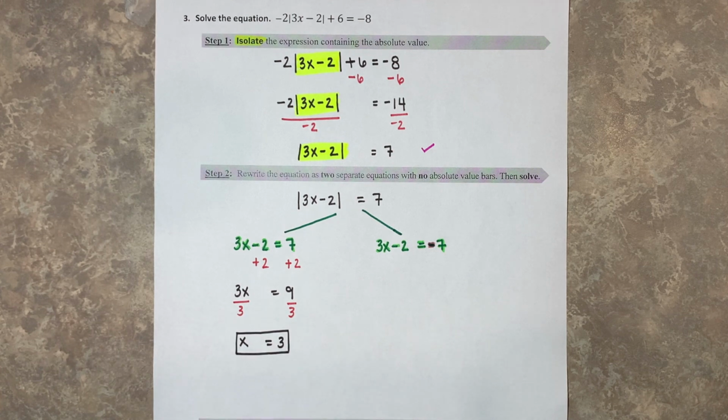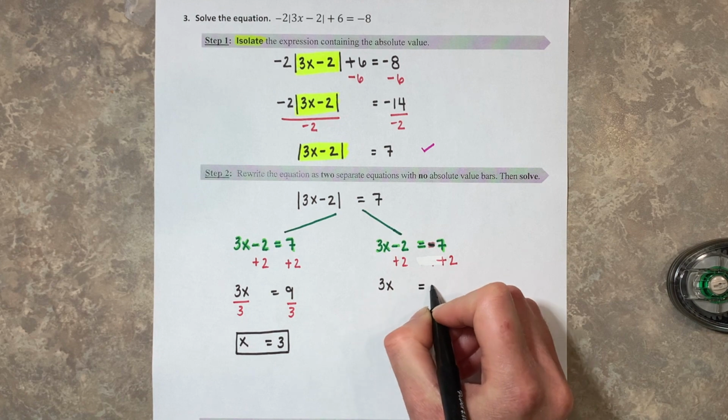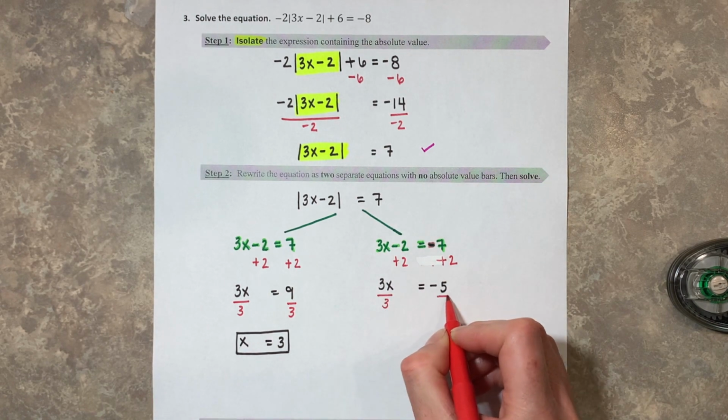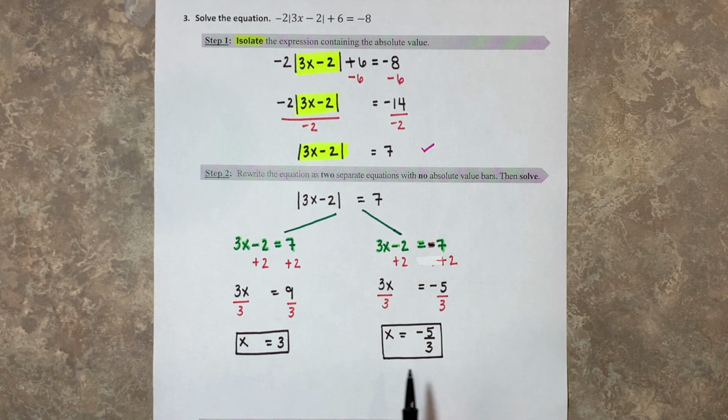And if we solve this equation on the left, we get x equals 3. Now let's solve this equation on the right. And if we solve this equation on the right, we end up with x is equal to negative 5/3.